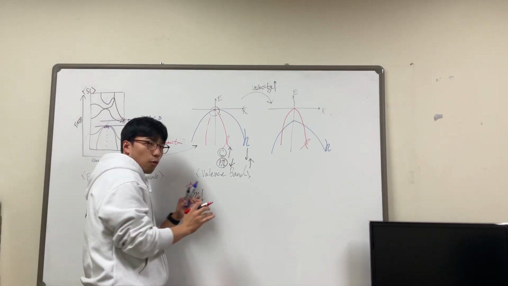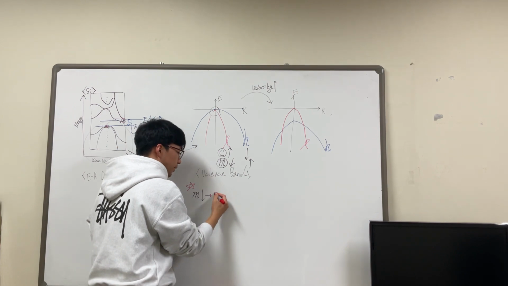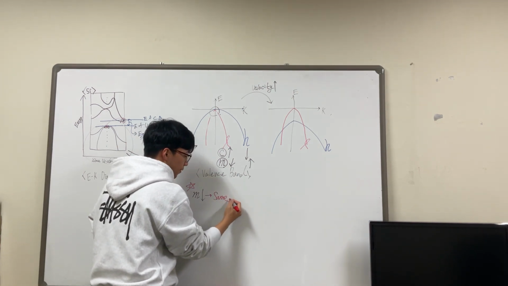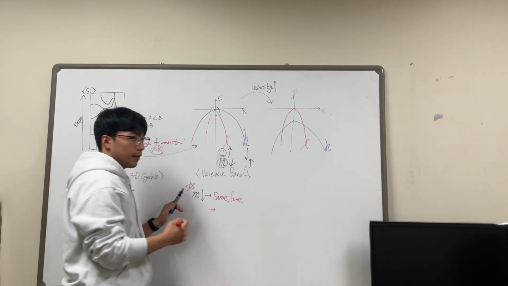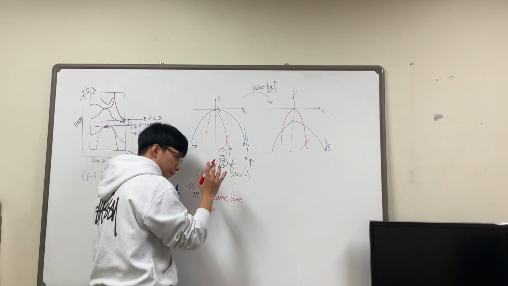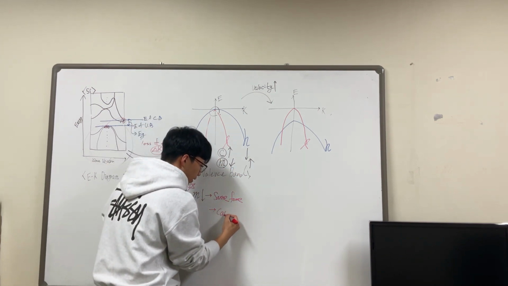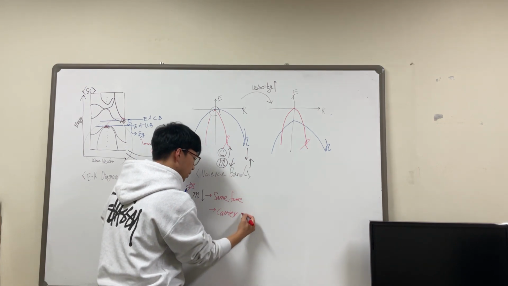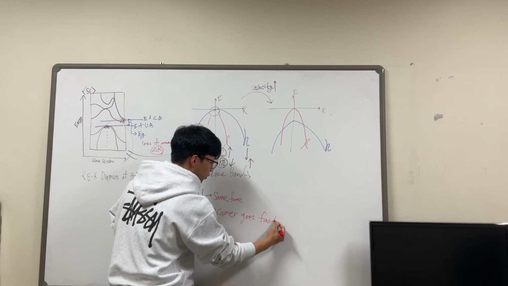If the mass is smaller and they get the same force, then the velocity of the smaller mass is faster. The carrier goes faster.